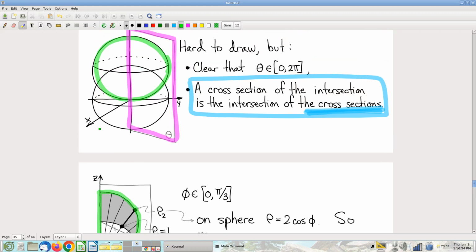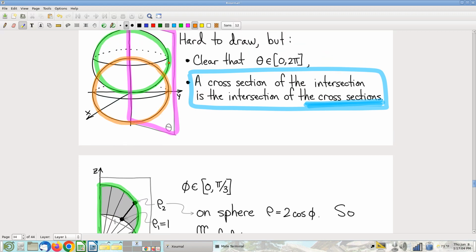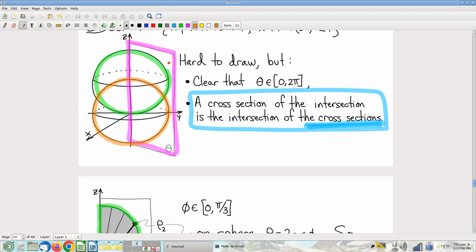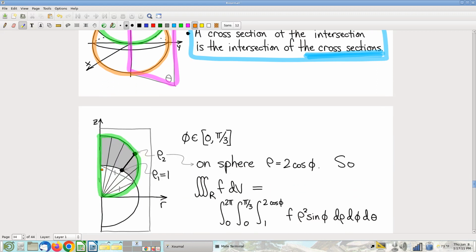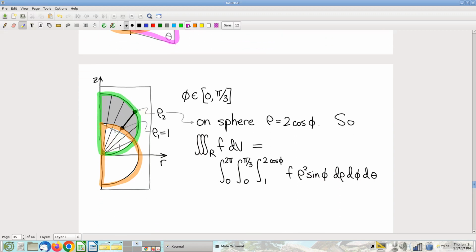And then likewise, let's look down at this orange. What is the intersection of the orange ball with this theta slice? Well, again, another half disc. Nothing to it. And so now I've got a kind of a picture here, if you will.